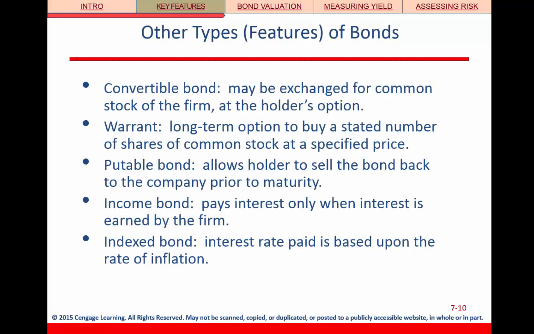So we have even more types of features for bonds. If I invested in a convertible bond, then at some point it would become profitable for me to exchange my bond for common stock in that firm. So if I bought an ExxonMobil bond that was convertible, at some point it would become profitable for me to convert it into ExxonMobil stock.